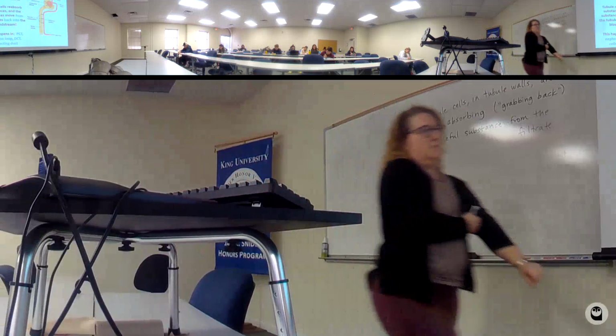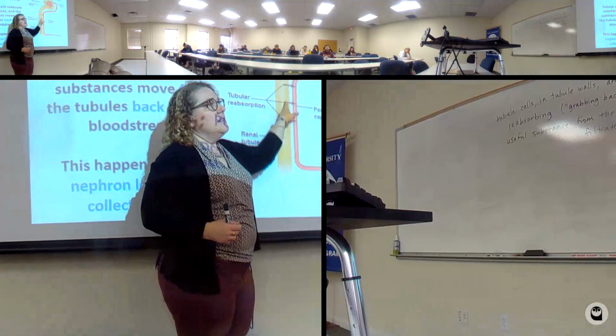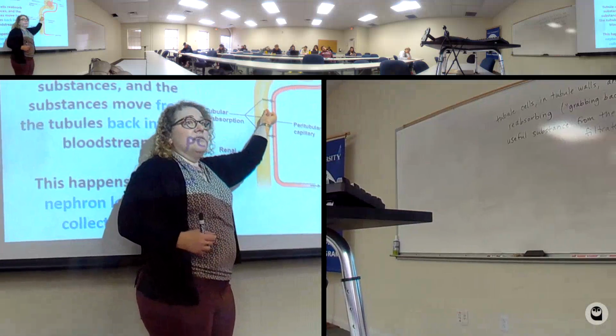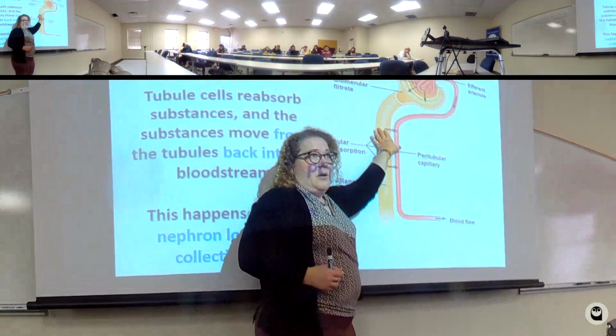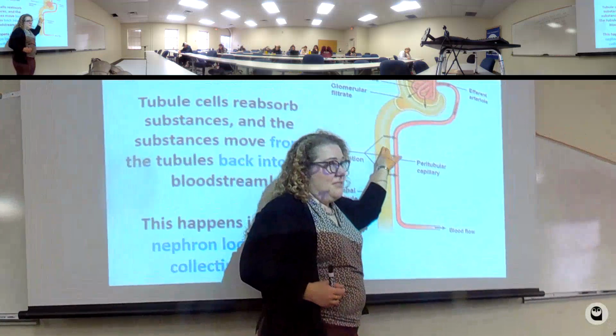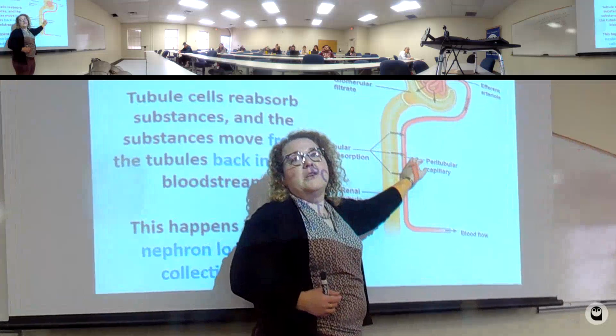There's a lot of good stuff floating in this filtrate in this step, and the cells of the tubule wall are getting it, moving it out of the filtrate and back into the blood. And this is called tubular reabsorption.